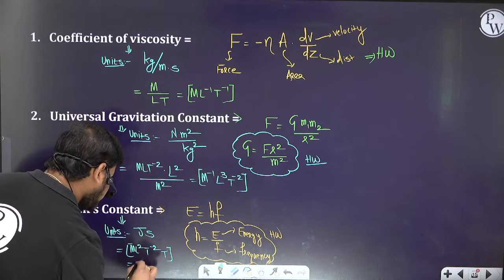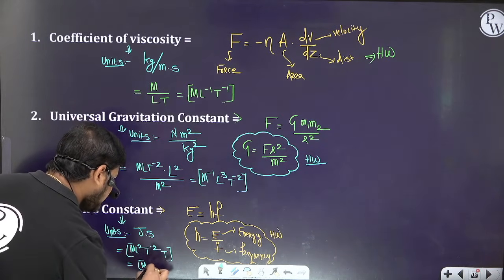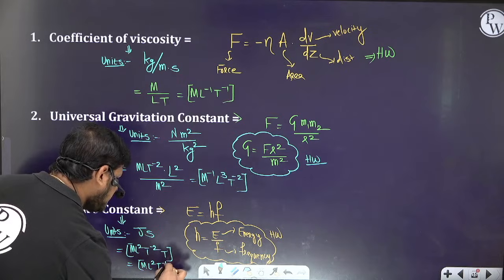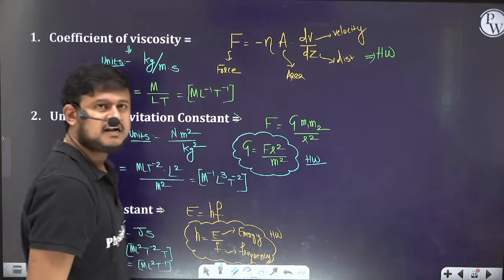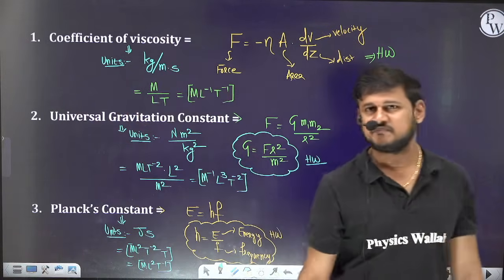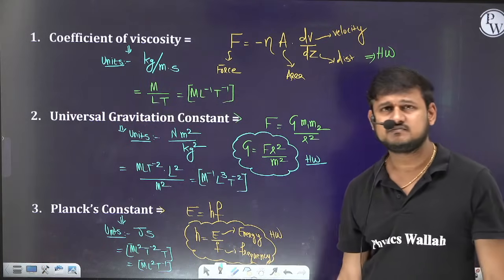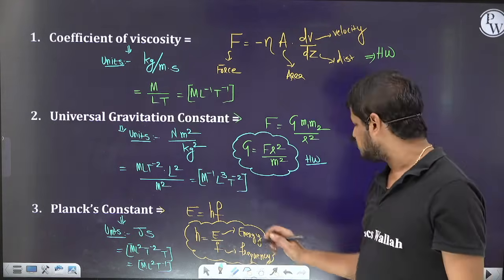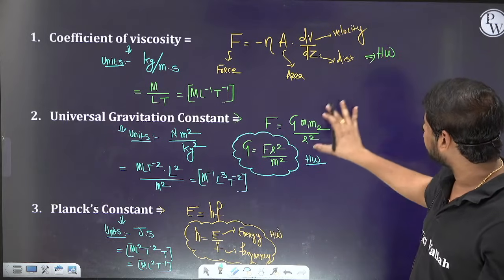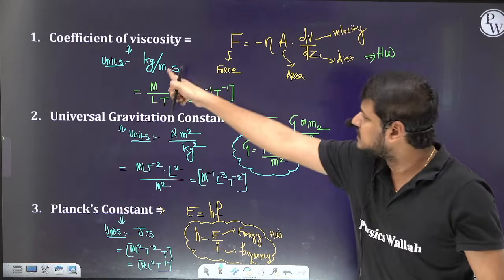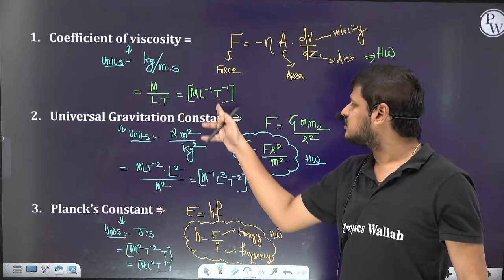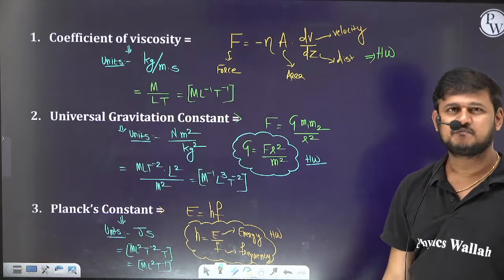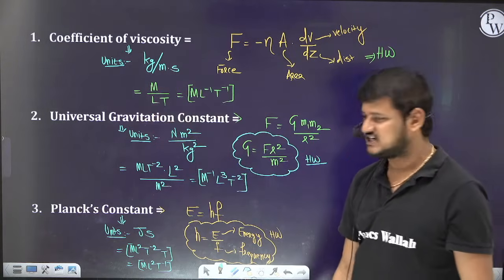So the dimensions are M L square T to the power minus 1. Clear this part, everyone? Simple thing. These three you should do, guys. Take the formula method as homework; through the unit method I got the dimensional formula like this. Done? Let's move further.